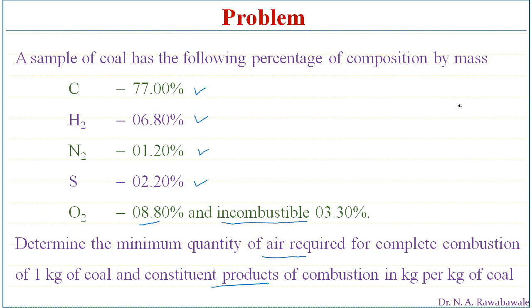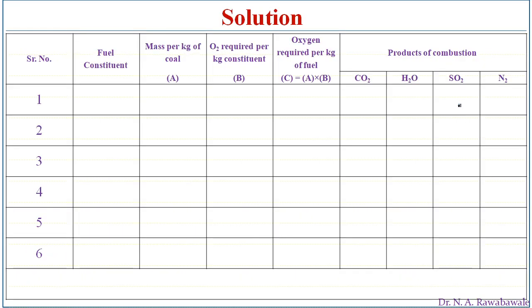Coming to the first, carbon is 77% by mass. It is explained for 1 kg of fuel. If we take 1 kg of fuel, 77% is carbon, which means it contains 0.77 kg of carbon.